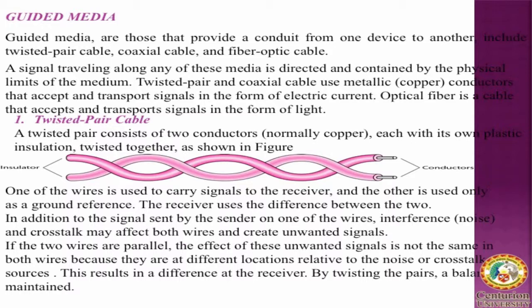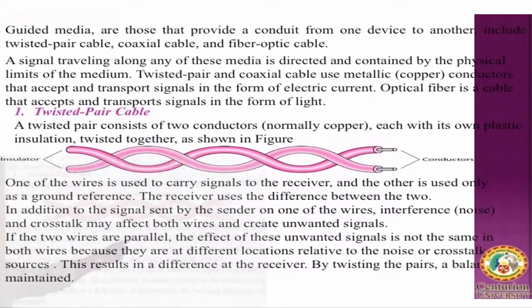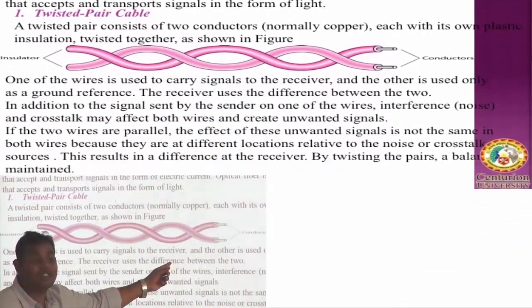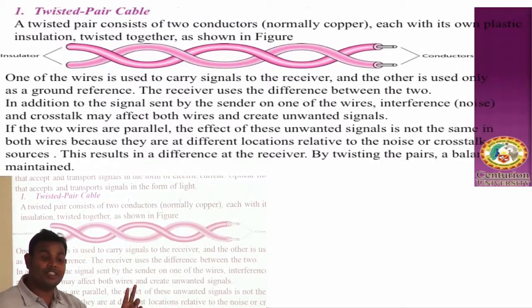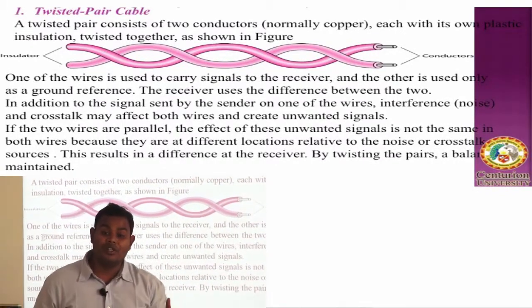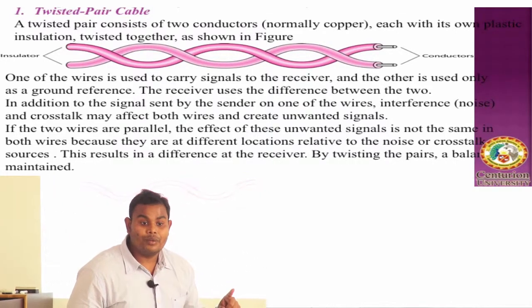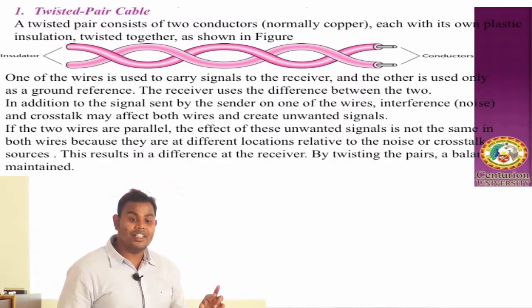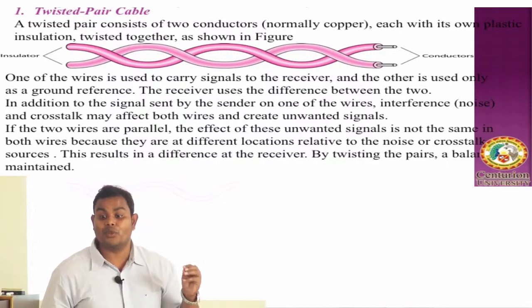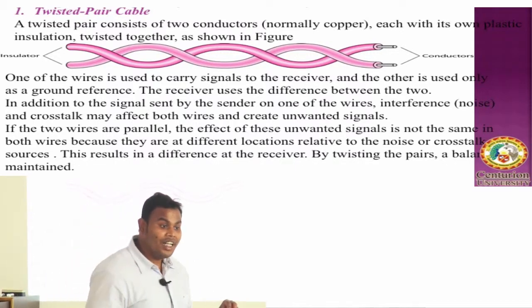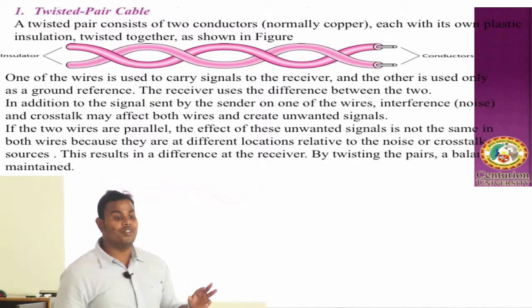If we go inside the twisted pair cable, we see that inside the plastic cover a conductor, a copper wire, is there. That is the conductor which carries the signal. But among the twisted pair cable, one cable acts as a carrier and the other cable acts as a protector.